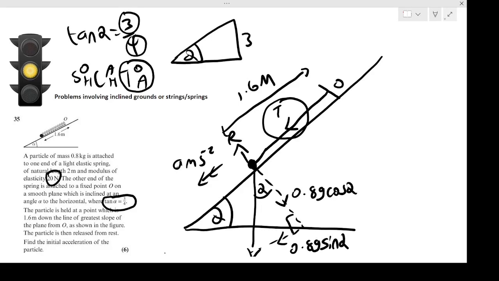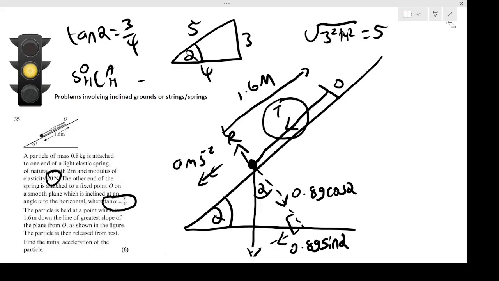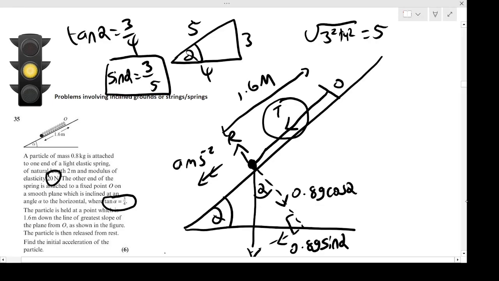Therefore the hypotenuse turns out to be 5, because by Pythagoras, 3 squared plus 4 squared, rooted, is 5. So sine alpha is opposite over hypotenuse, which is 3/5.